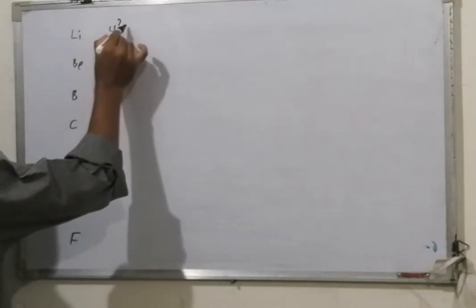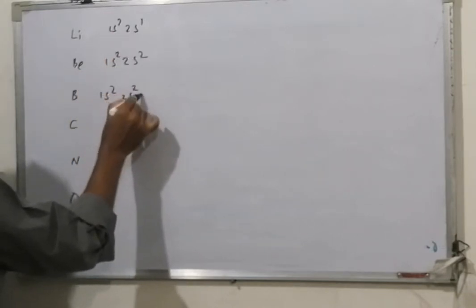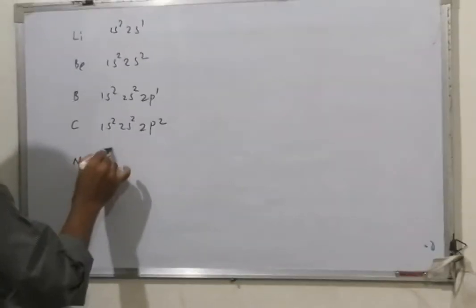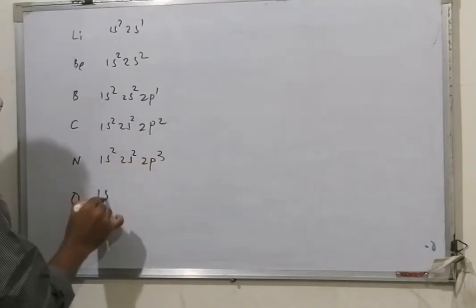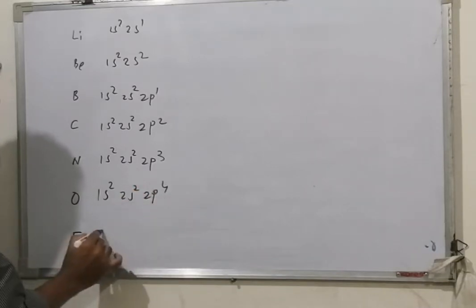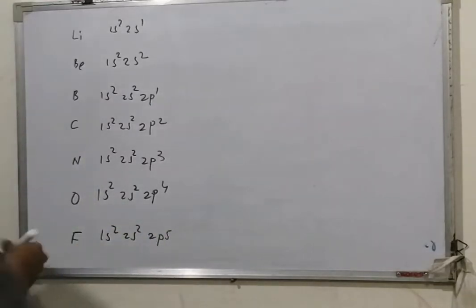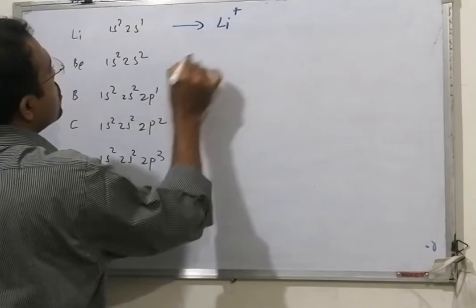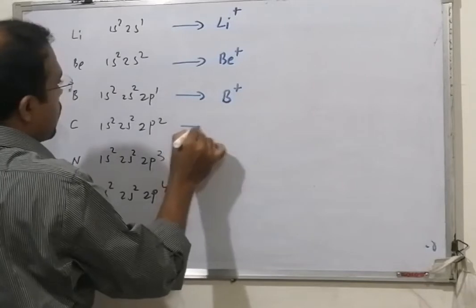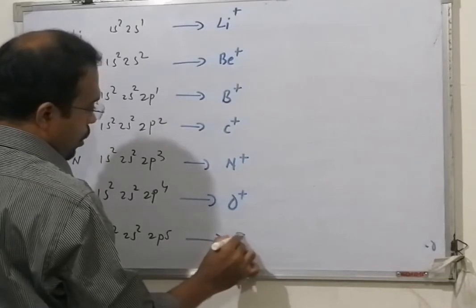This is 1s2 2s1, 1s2 2s2, 1s2 2s2 2p1, 1s2 2s2 2p2, 1s2 2s2 2p3, 1s2 2s2 2p4, 1s2 2s2 2p5. Agree? After first ionization, you will get lithium plus, beryllium plus, boron plus, carbon plus, nitrogen plus, oxygen plus, fluorine plus.